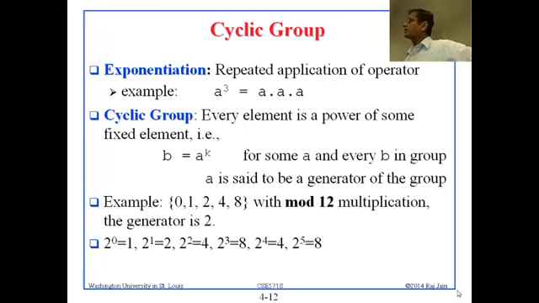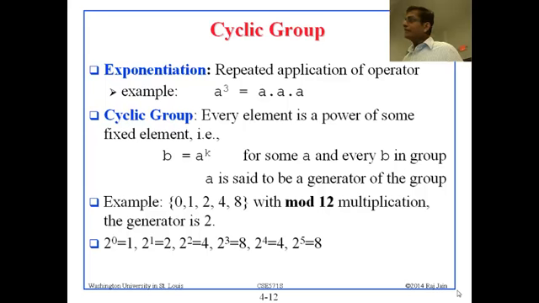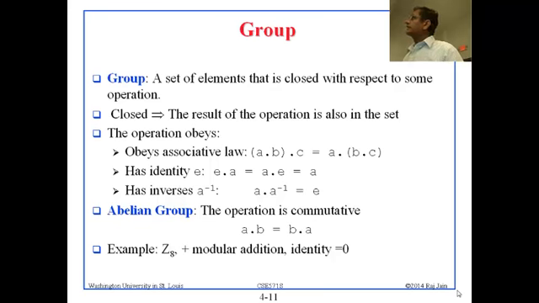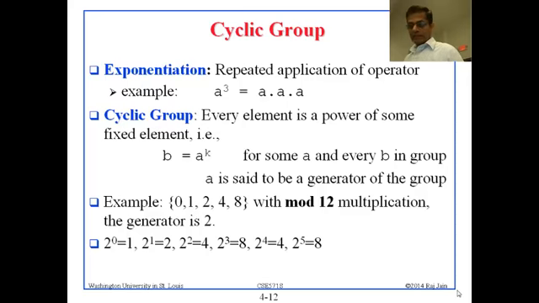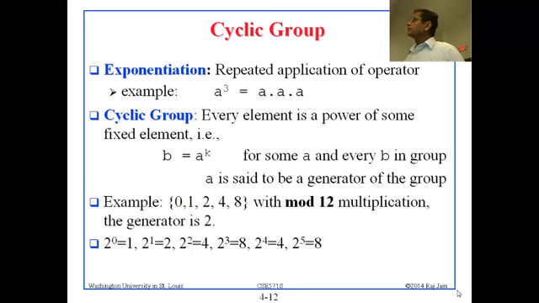Mod 12 multiplication. You can show that this is a group, which means that it is closed. You multiply any two of these numbers, the answer is in the set. That it is associative, it has an identity, which is 1. And it has inverses, of course. So this is interesting. It is not Z12. Z12 would have 0 through 11, all the numbers, right?